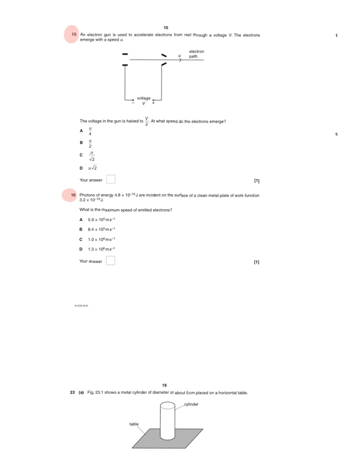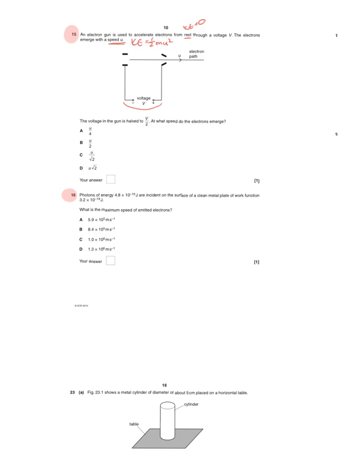It says an electron gun is used to accelerate electrons from rest through a voltage V. The electrons emerge with a speed u. Once again, we know that the voltage here provides energy for the electrons to accelerate from rest. So they're not moving initially, so kinetic energy is 0 initially, but then they end up emerging with a speed of u, which means that the kinetic energy is half mu squared.